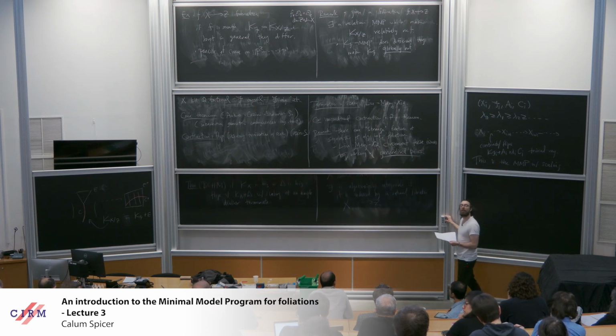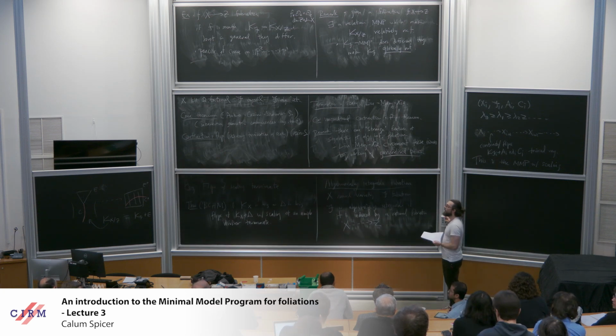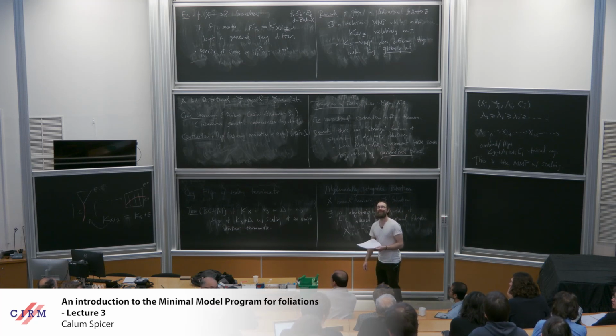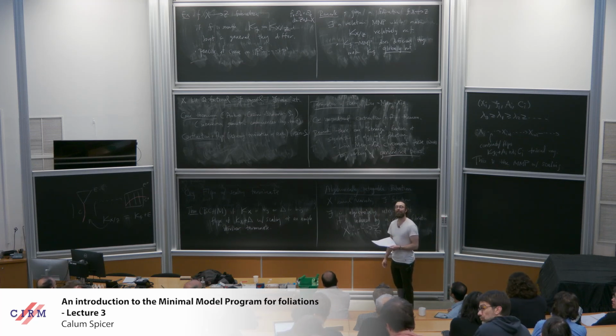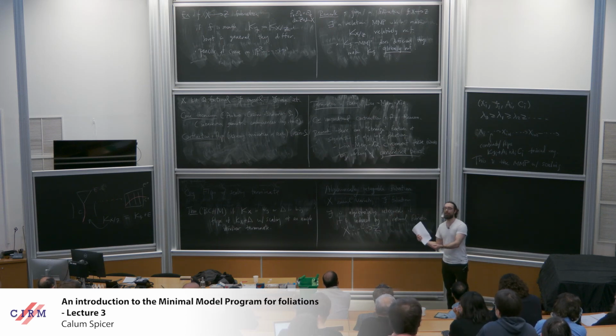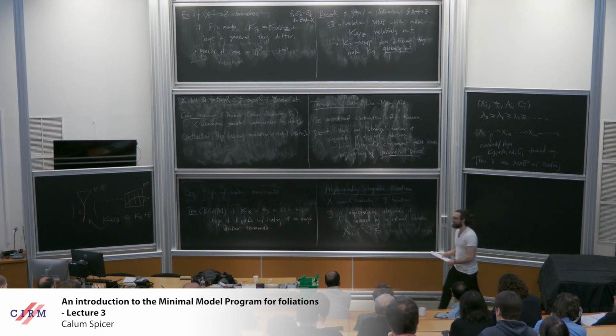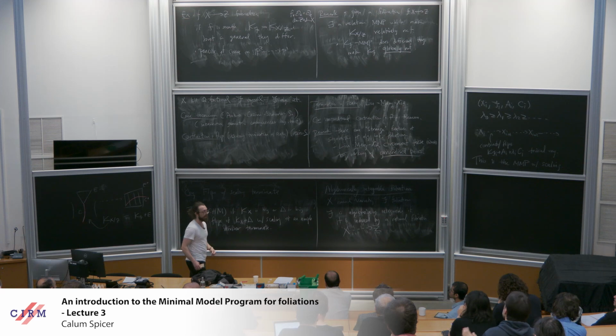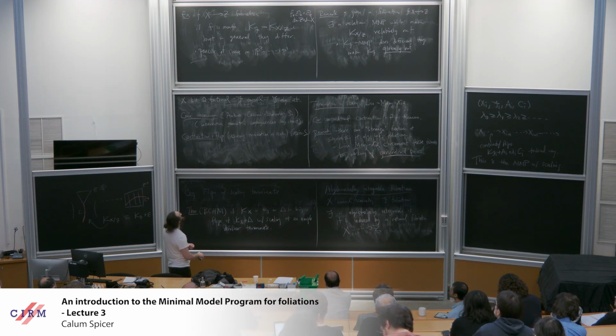Yes, please. Yes, yeah. Or well, when the K_F is big, or you have a big boundary. So you need some bigness somewhere to work with. Yeah, thank you. And do you actually need the canonical, or everything works for log canonical?